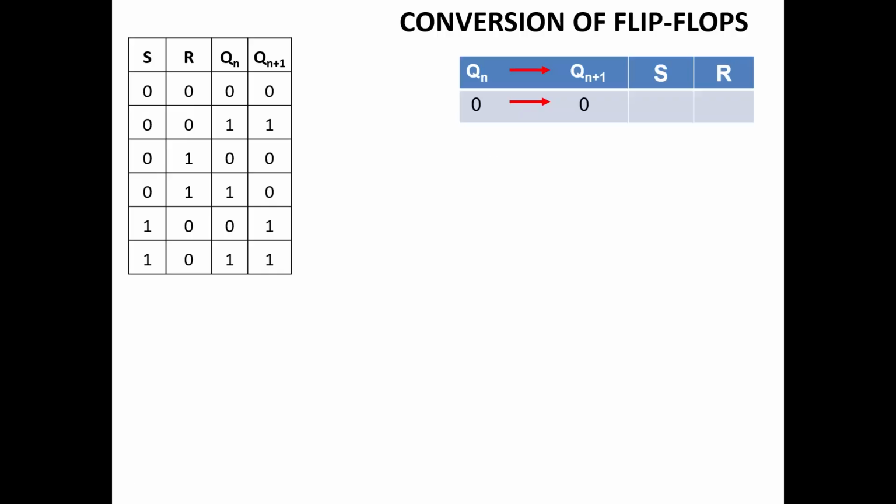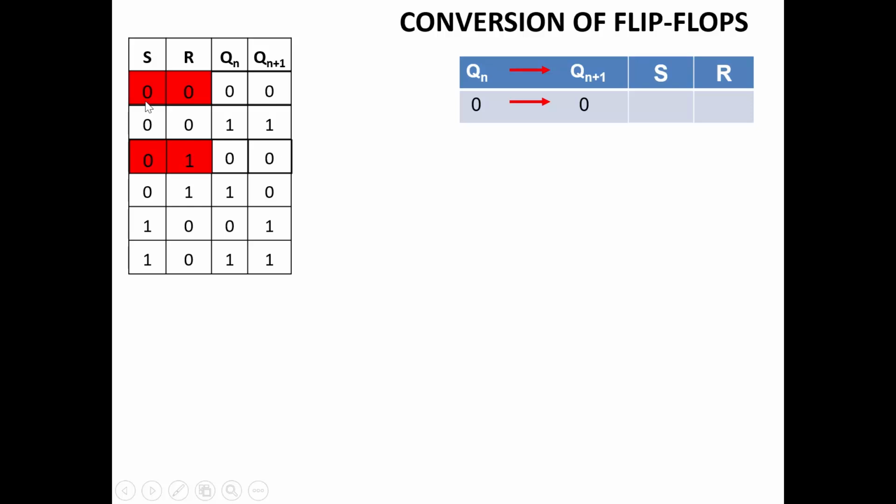For 0 to 0 transition, Qn is 0 and Qn+1 is 0. In this particular case we have two entries for the 0 to 0 transition. Here the first entry and the third entry are for the 0 to 0 transition.